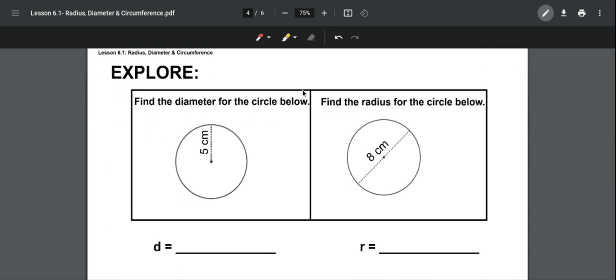So let's find the diameter for the circle below. This part right here represents our radius. So if 2 radii represents your diameter, then 2 times 5 will give us 10 centimeters as our diameter.